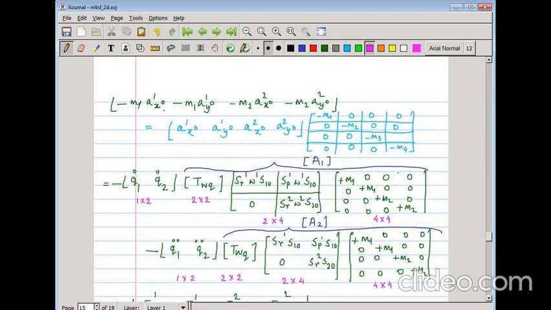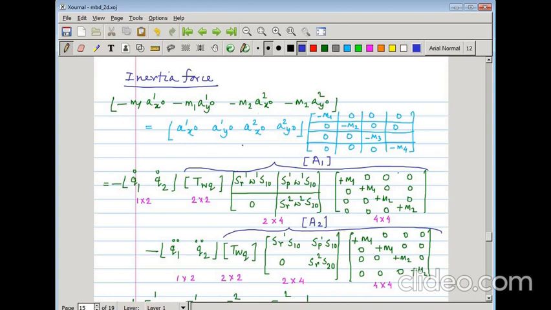Now, what is the inertia force? Inertia force is minus m1 a1 x naught minus m1 a1 y naught for the 2-body problem. This is for body 1 and these two are for body 2.